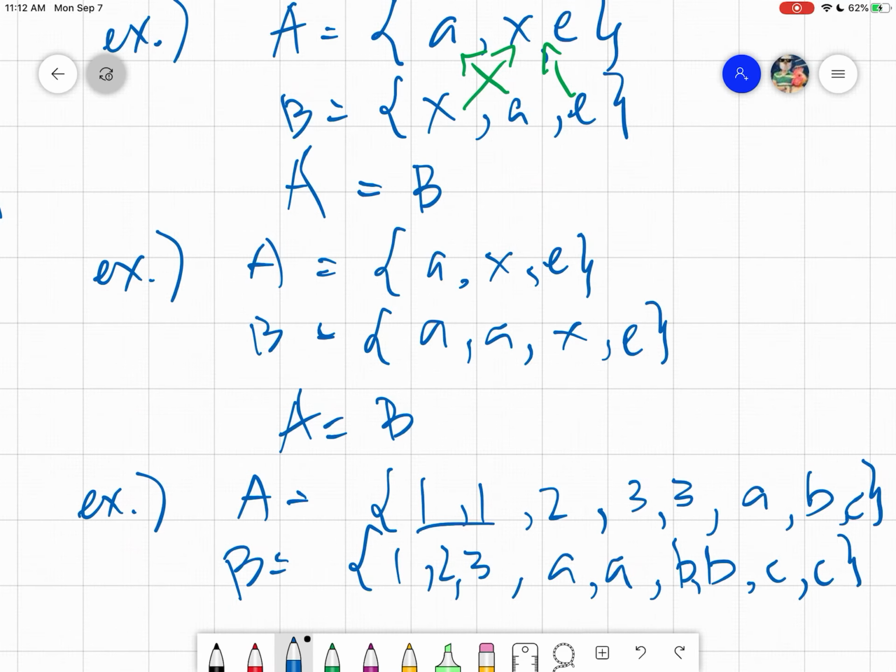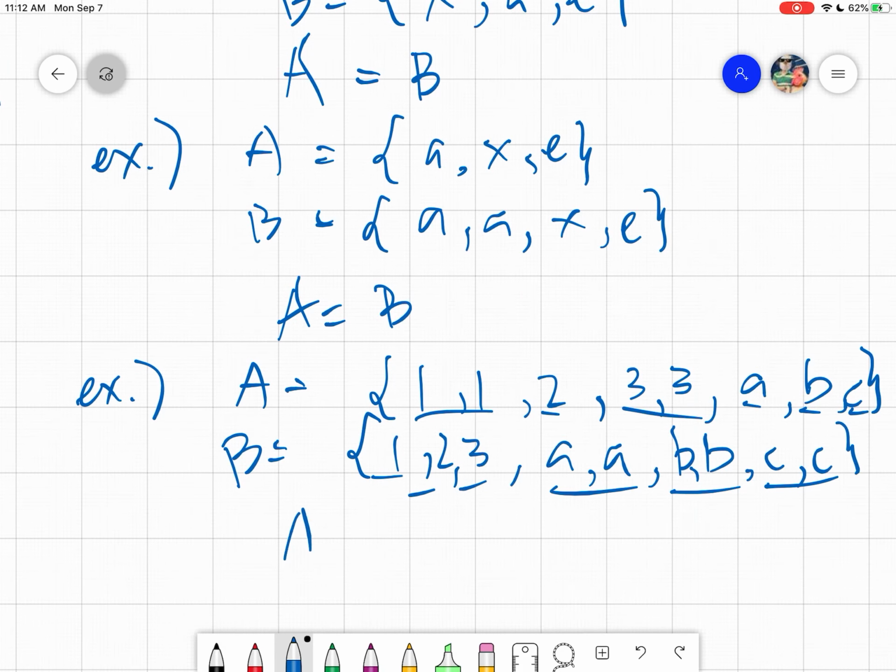Bakit? Kasi pareho silang may 1, may 2, may 3, may A, may B, and then may C. Even though they are repeating, again, we take it as 1 pa din. Okay? So this is still A is equals to B. Bakit? Kasi parehas lang sila. May 1, 2, 3, A, B, C. 1, 2, 3, A, B, C.